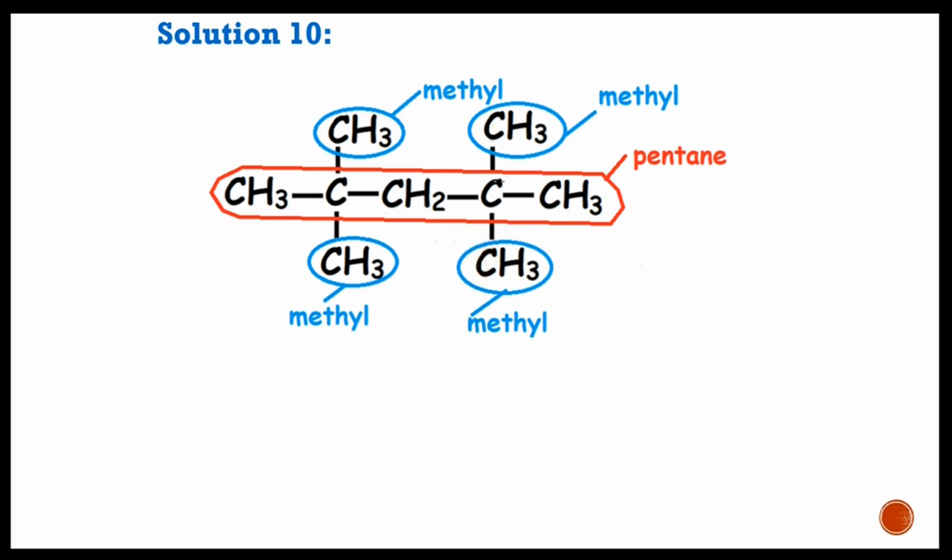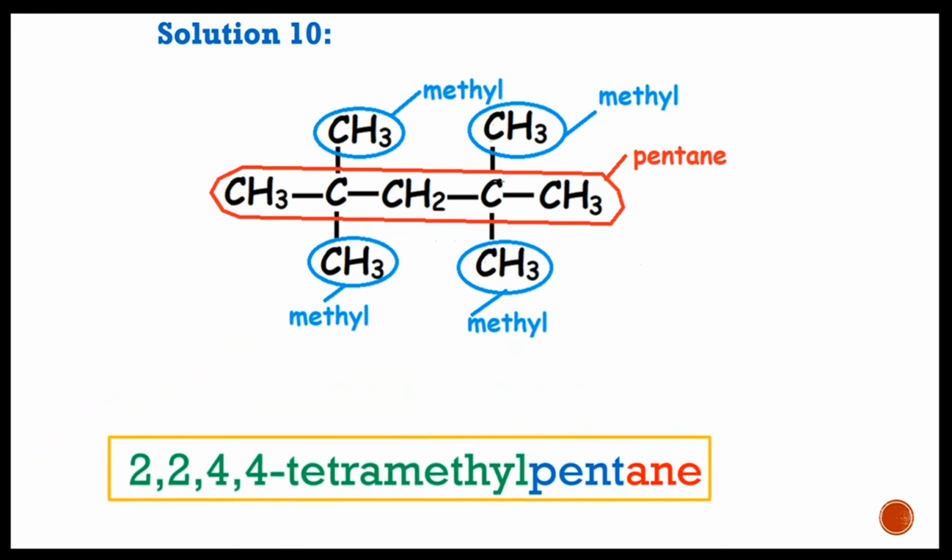So in naming, the parent name is going to be pentene, and because we have 4 methyl substituents, we are going to have tetramethyl, and then we show their locations. In this example, you can count from here 1, 2.